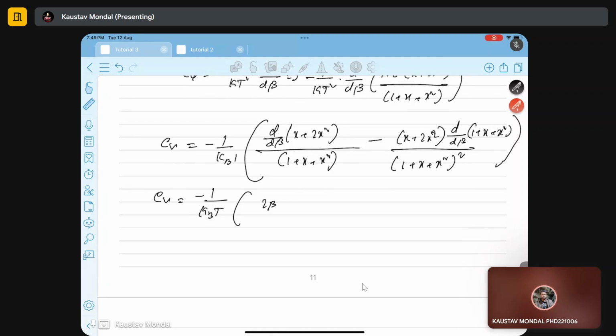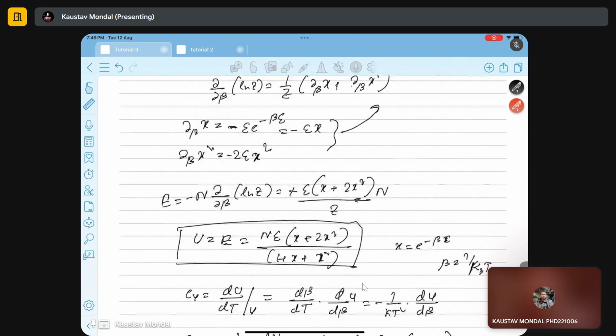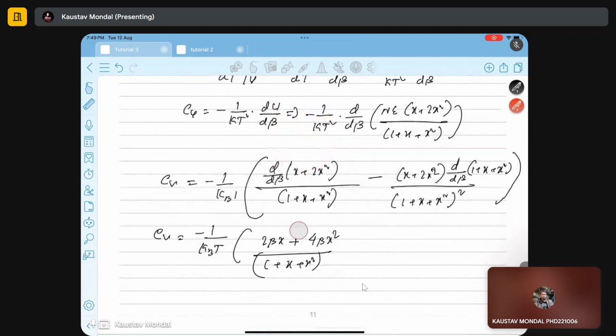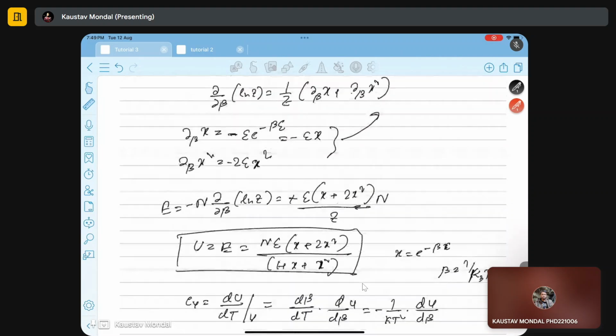It gives you 2 beta x plus 4 beta x squared over 1 plus x squared. You already know d beta of x would have a minus there, right?